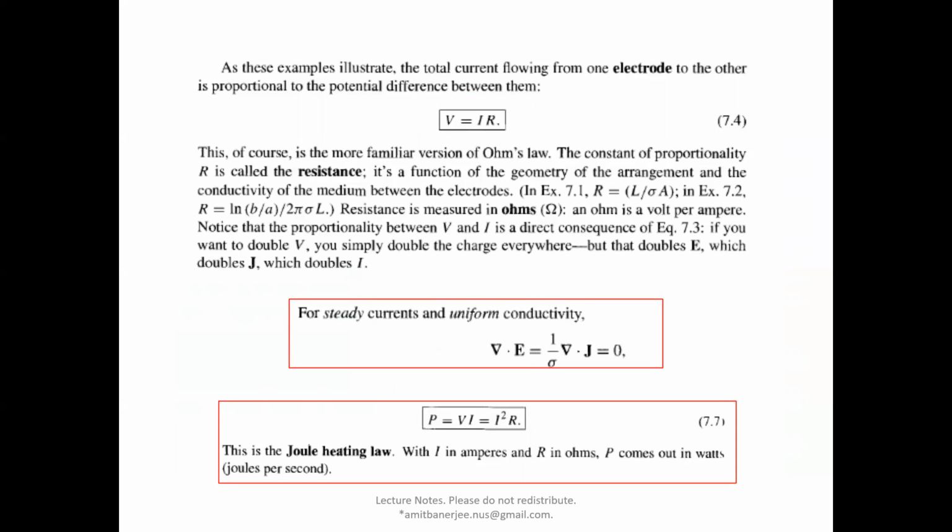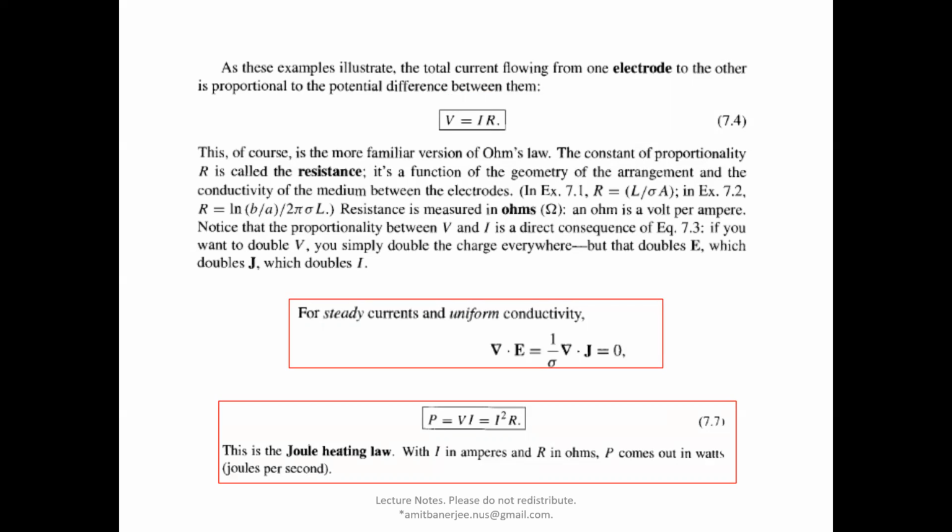With this example, we can understand the total current flowing from one electrode to the other is proportional to the potential difference between them. And that gives us the age-old V equals IR, where R is the resistance, and it basically is a unit of ohms.